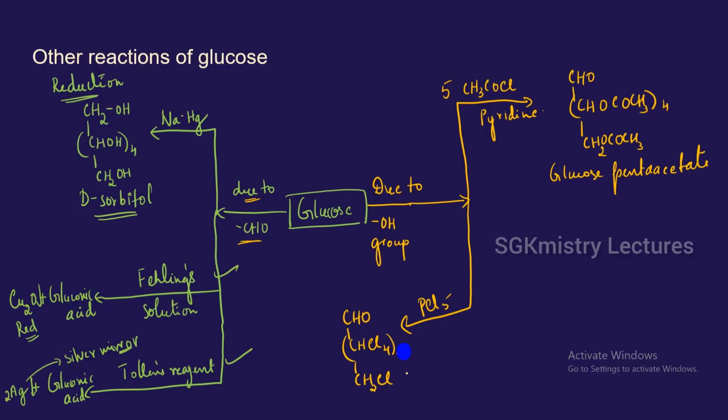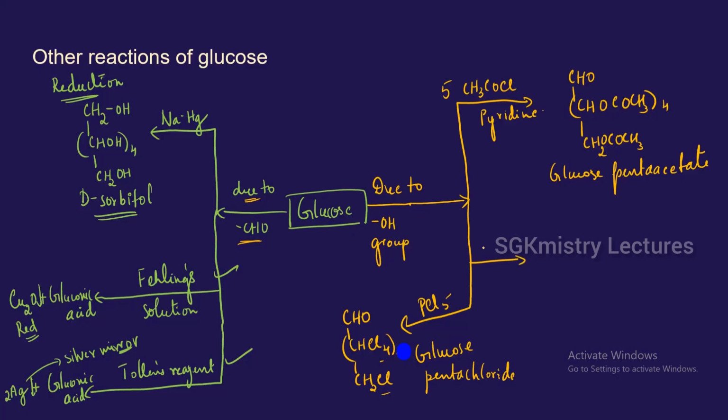The same way here, since there are OH groups present in glucose, the OH groups are replaced by Cl groups. There are 5 OH groups, so you get the 5 chloro atom substitution. We name it glucose pentachloride, or pentachloroglucose also can be the name given to this particular compound.